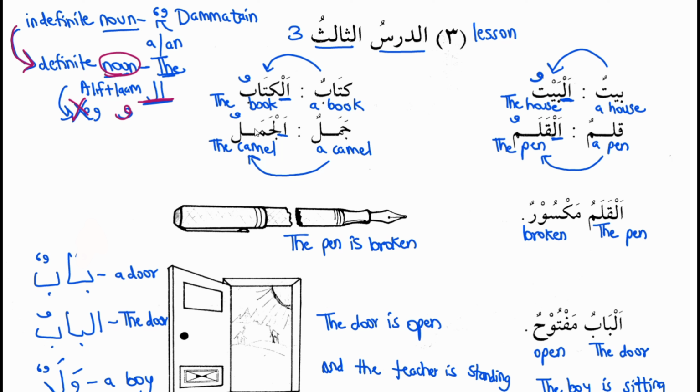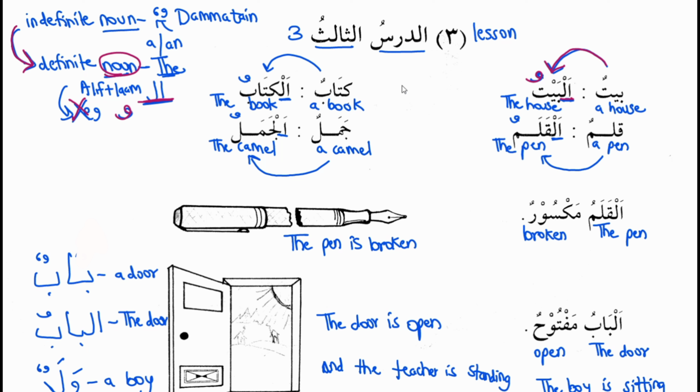Baytun means a house, and we convert this into definite by adding alif lam and one dhamma on top. So baytun will become al-baytu, the house.